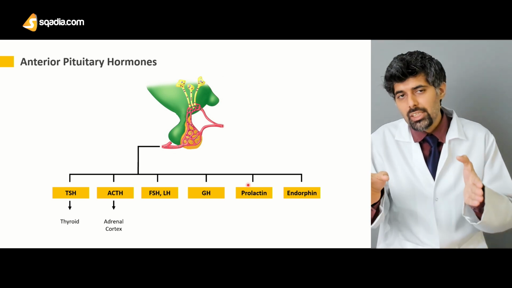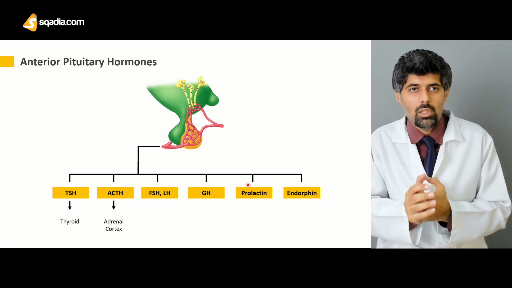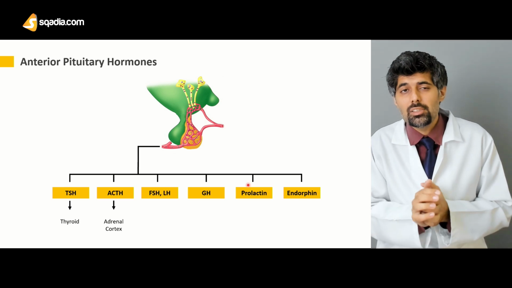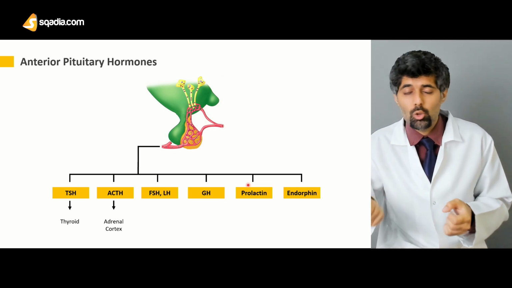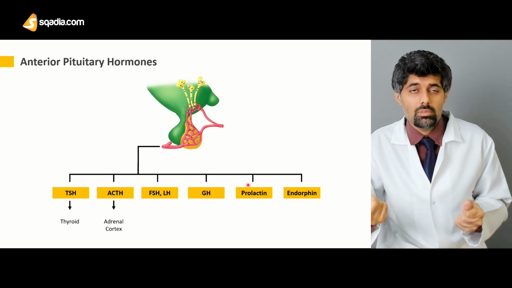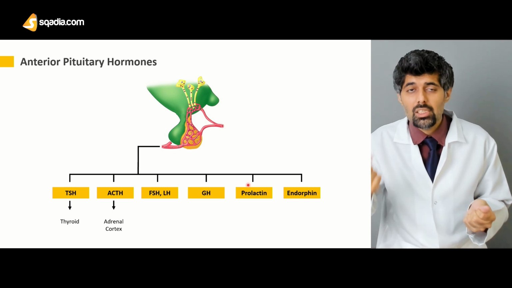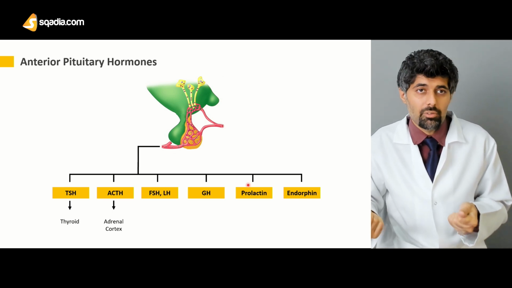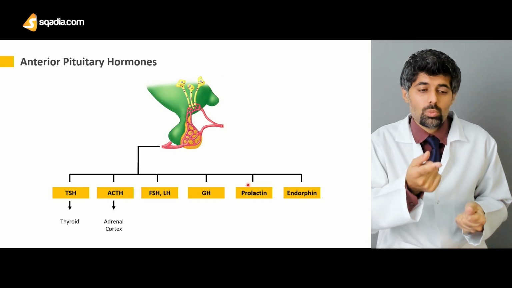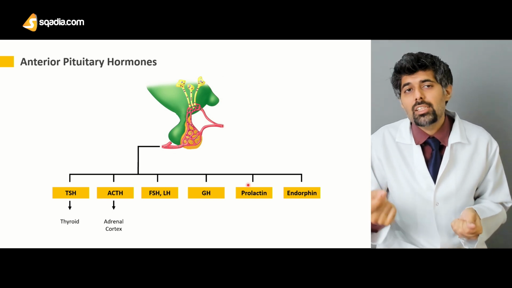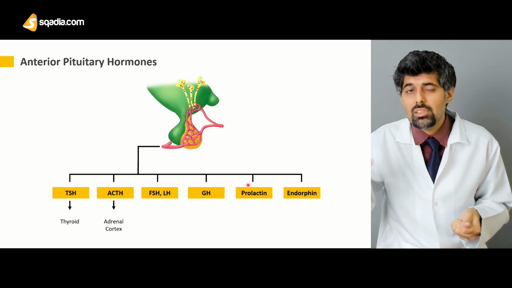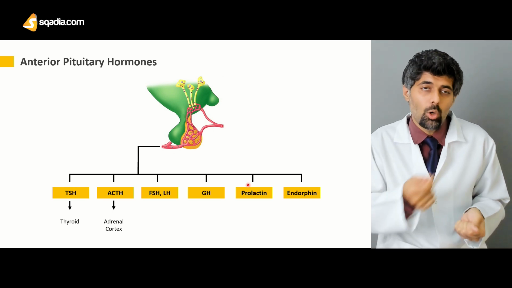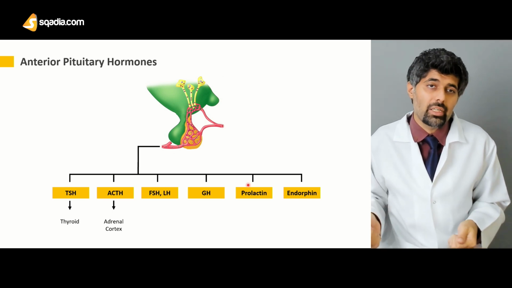Now, in the cortex, there are three layers. These three layers are the zona glomerulosa, the zona fasciculata, and the zona reticularis. Now, the ACTH affects only the second and third layers of the cortex of the adrenal gland.